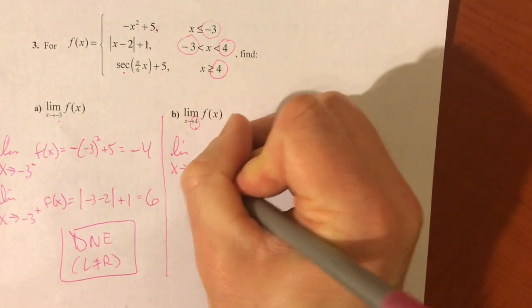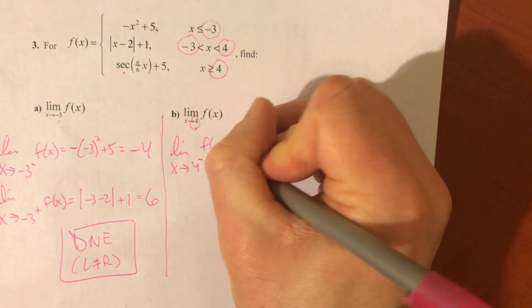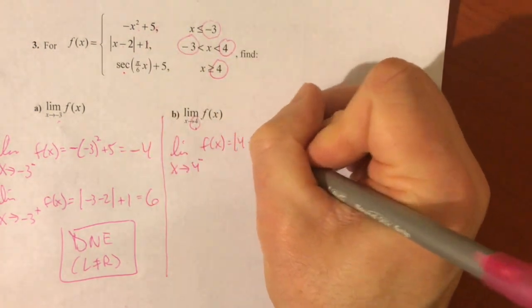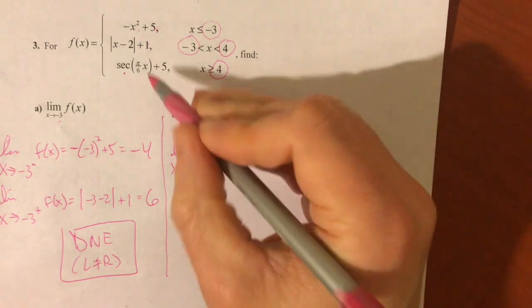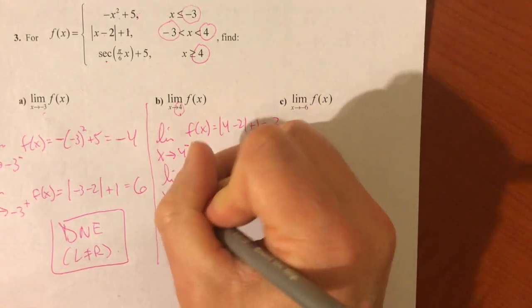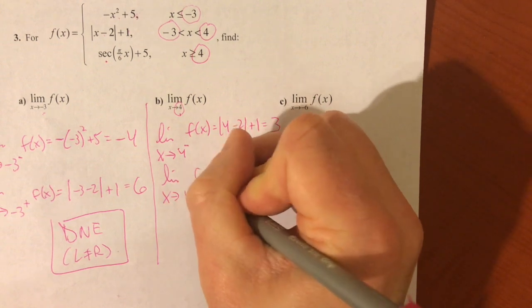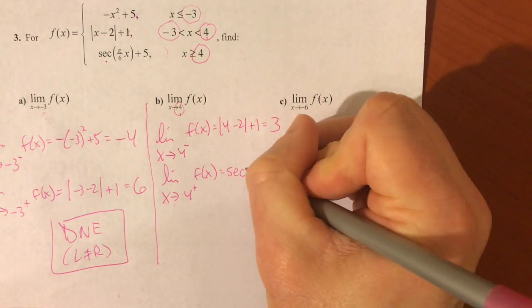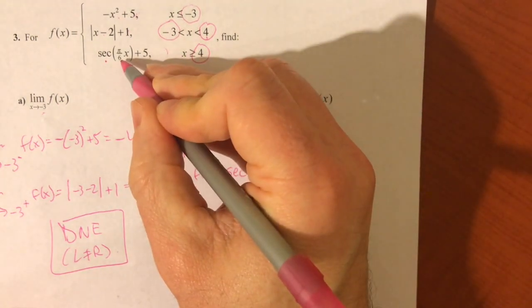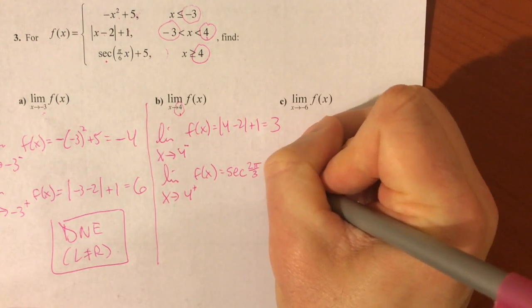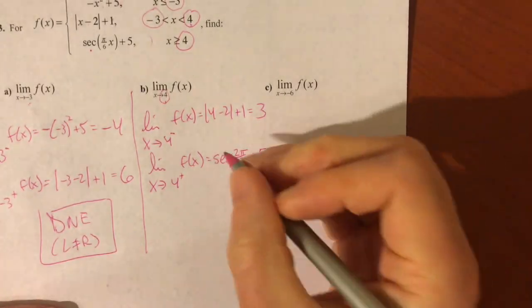The limit as x approaches 4 from the left would be absolute value of 4 minus 2 plus 1, and that would be 2 plus 1, 3. What's the limit as x approaches 4 from the right? We're plugging it into this piece now. Ooh, nice little trig action here. We get the secant of 4 times pi over 6, which is 4 pi over 6, and when you reduce that, that's 2 pi over 3, as you're used to seeing it.